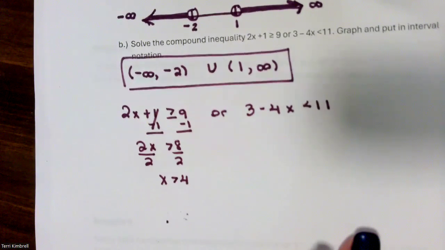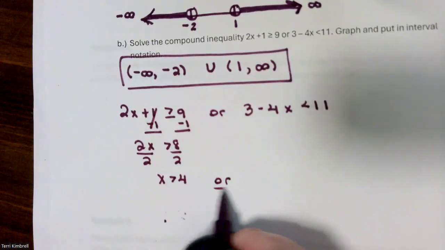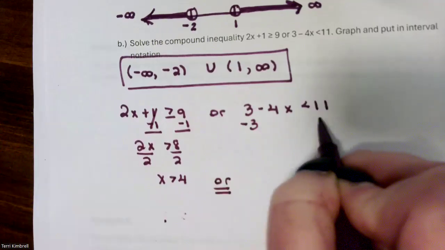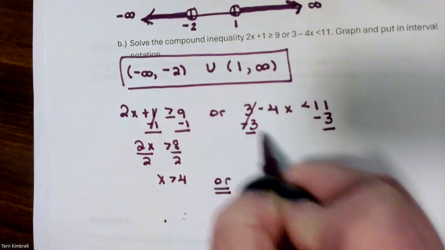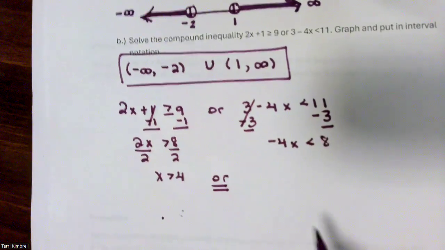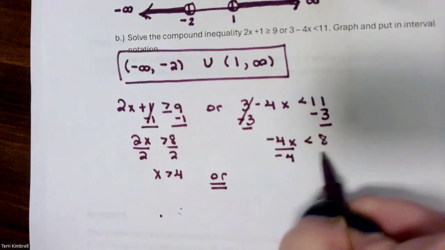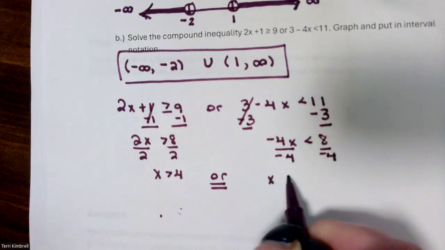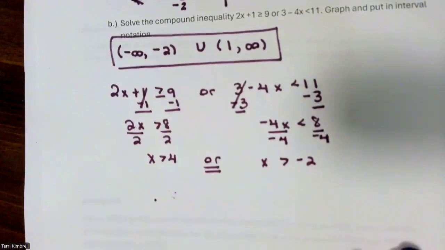So we get x is greater than 4. Or, subtract 3. That'll give me an 8. Divide by negative 4, and I'm going to flip the symbol.